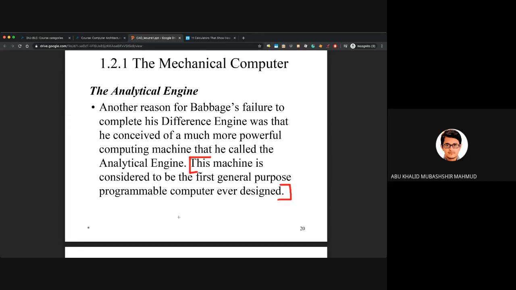Here it is mentioned that this machine is considered to be the first general purpose programmable computer ever designed. This is the first mechanical computer that was used for further calculations, and it was called Analytical Engine.